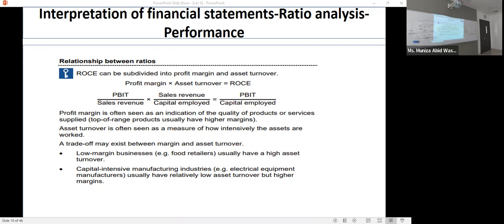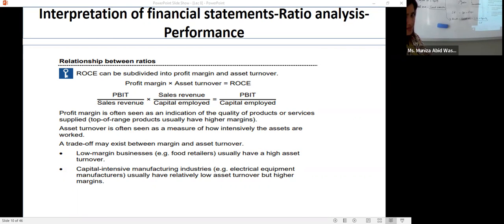Why is it so? How are you going to get the high asset turnover? In high asset turnover, your sales are going to be in a greater proportion as compared to the capital employed. This is the net assets turnover.